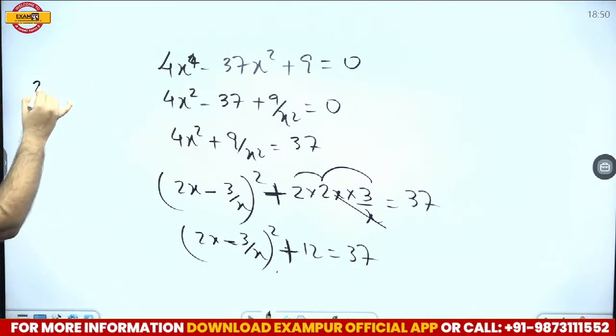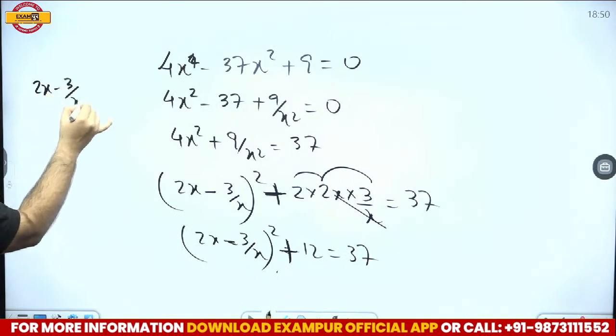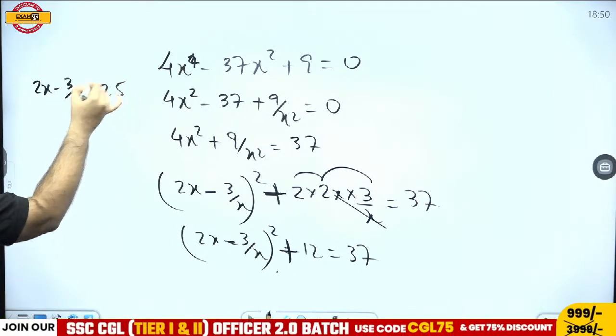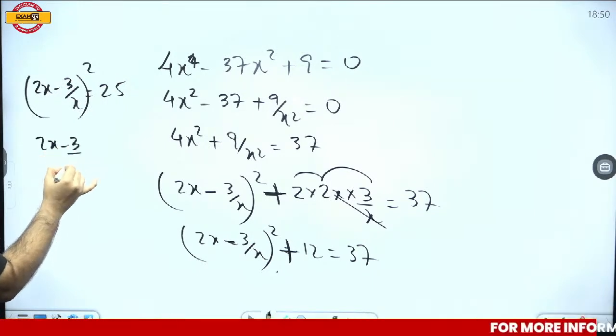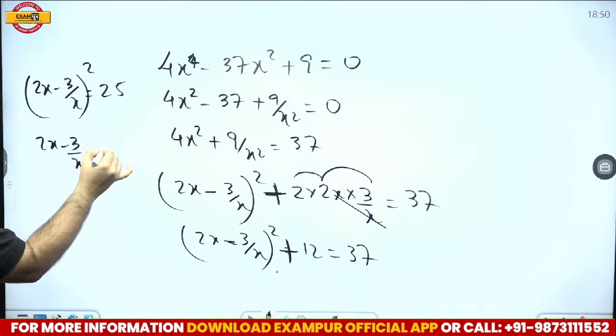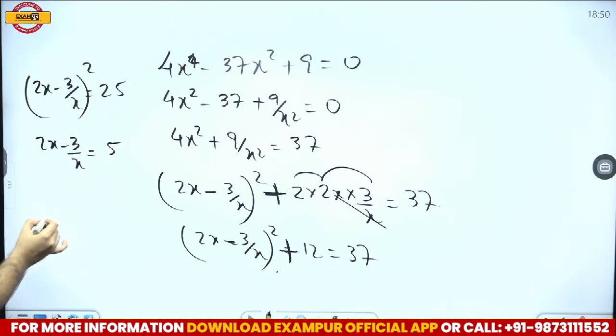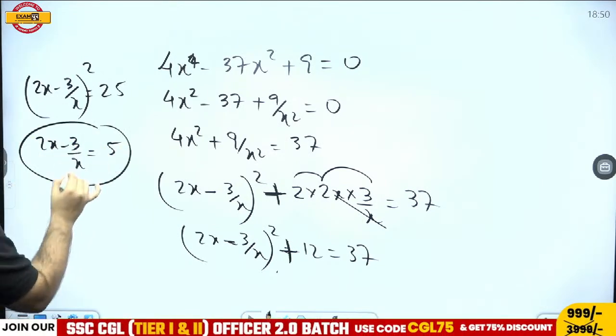So 2x minus 3 by x is root 25, that is 5. Now cube it.